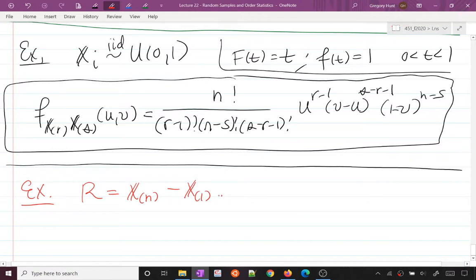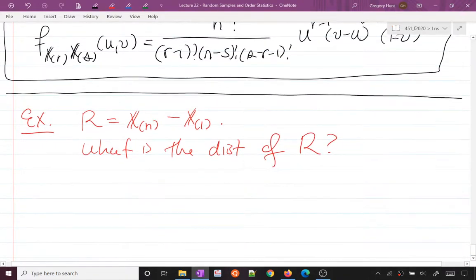We haven't derived a formula for the range, but the range is just a transformation of two order statistics, the maximum and the minimum. So we could do a bivariate transformation. If I want to know the distribution of my range, I could do a bivariate transformation to get the distribution of R.